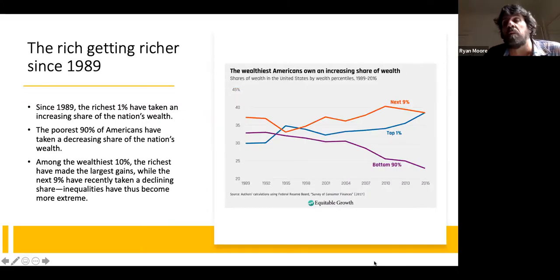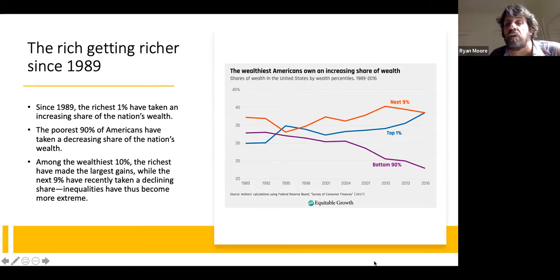Now, we're going to be looking at the trends over time in the next question. But here, we can start to take on that question insofar as the overall trend that we've seen and that we're going to see throughout the semester is the rich taking a bigger and bigger slice of the overall wealth pie since the 1970s and 1980s.